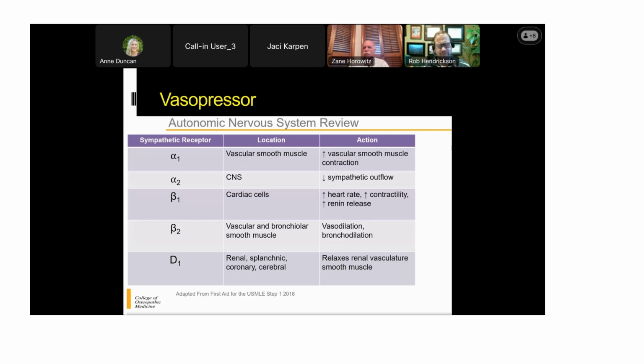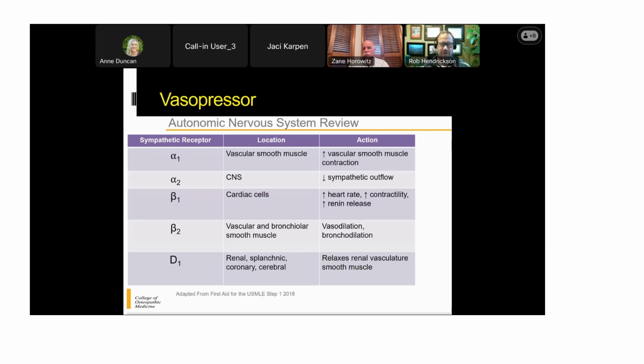And then D1 dopamine receptor is mostly in the renal artery. Probably not particularly important. It used to be thought that it played a significant role, but it probably doesn't play a very, very significant role. And again, it was just used to dilate the renal artery to increase blood flow.